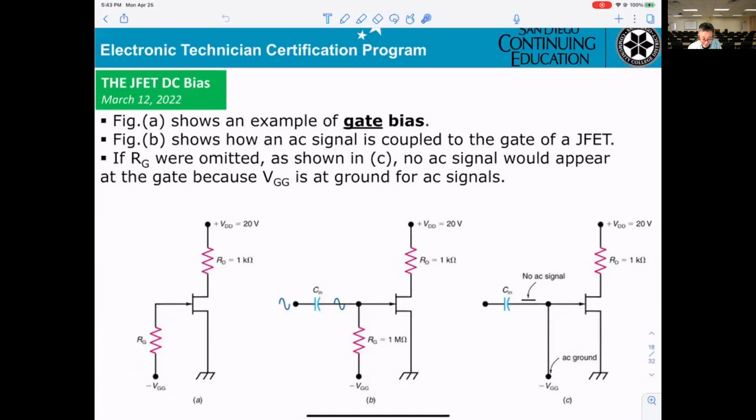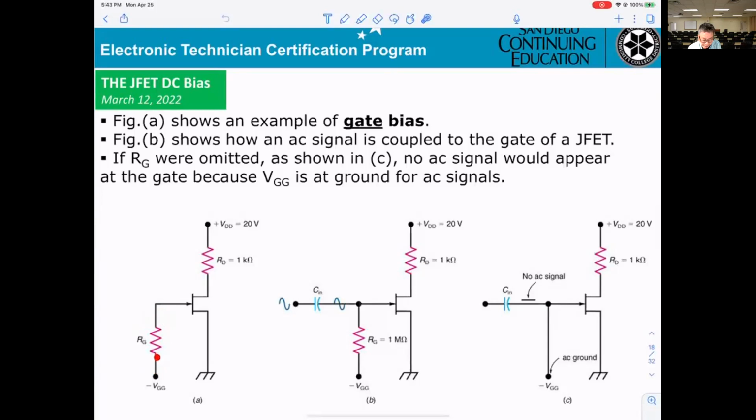Basically, RG here, the value is very big, over a megaohm. So basically, the current on this side cannot go to this side. The reason is the resistor is too big.